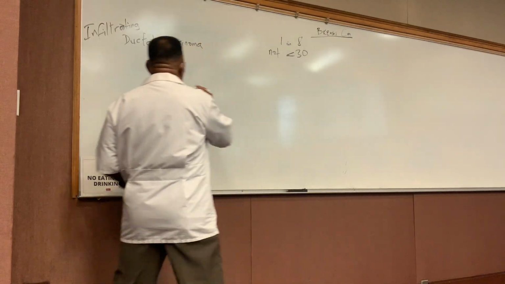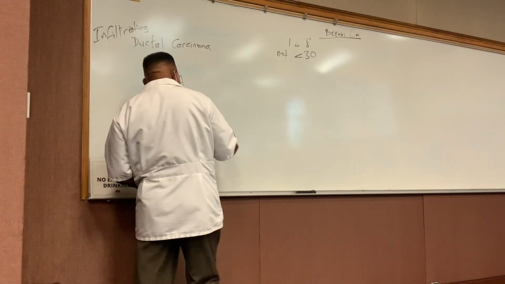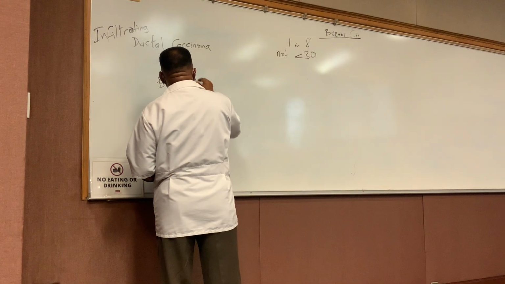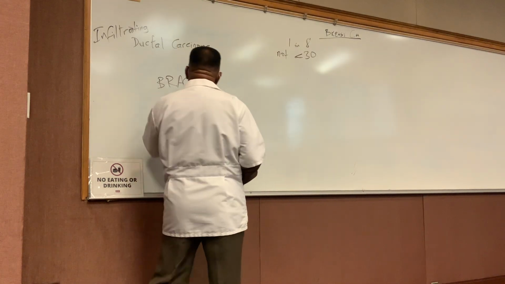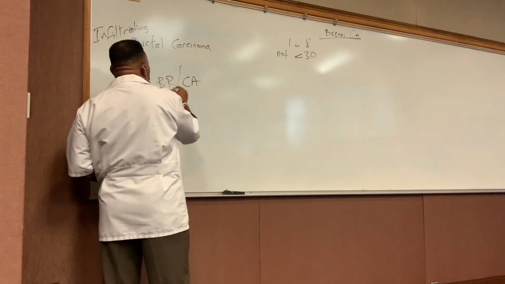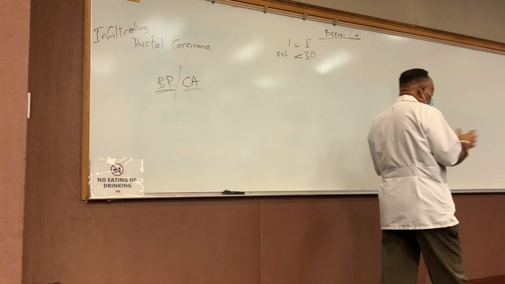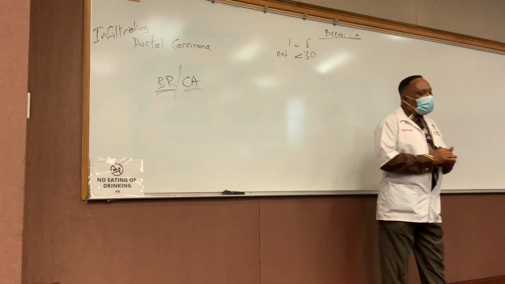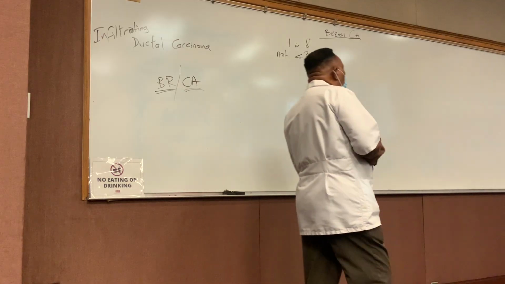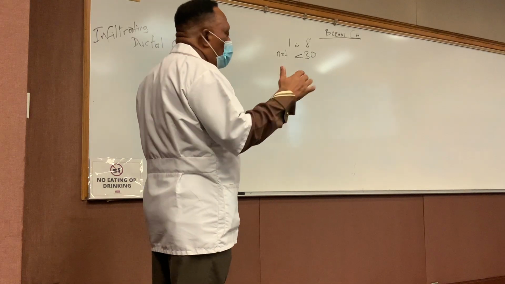BRCA1 and BRCA2. So if a patient has that inherited gene, they can get breast cancer at a very early age.